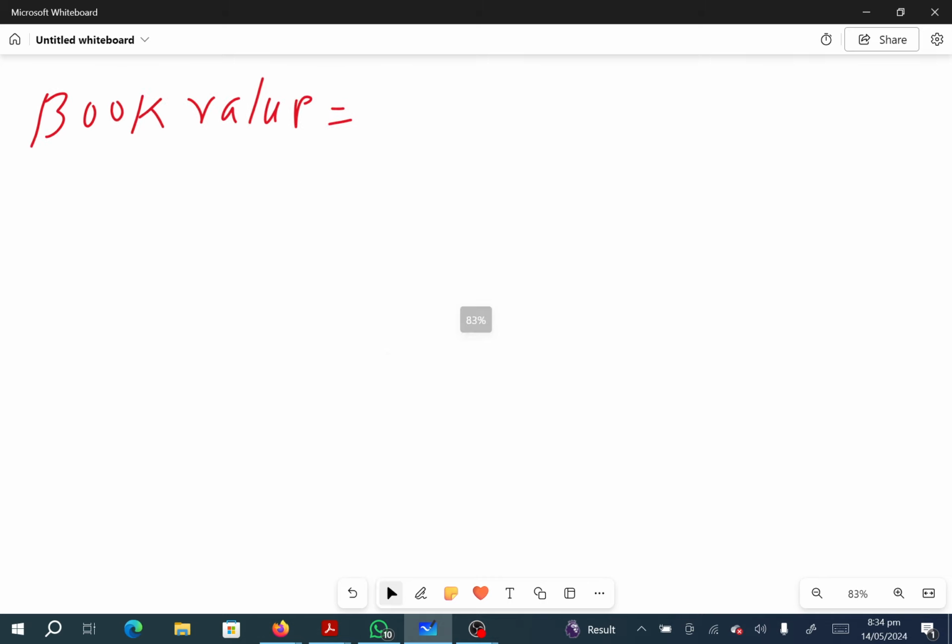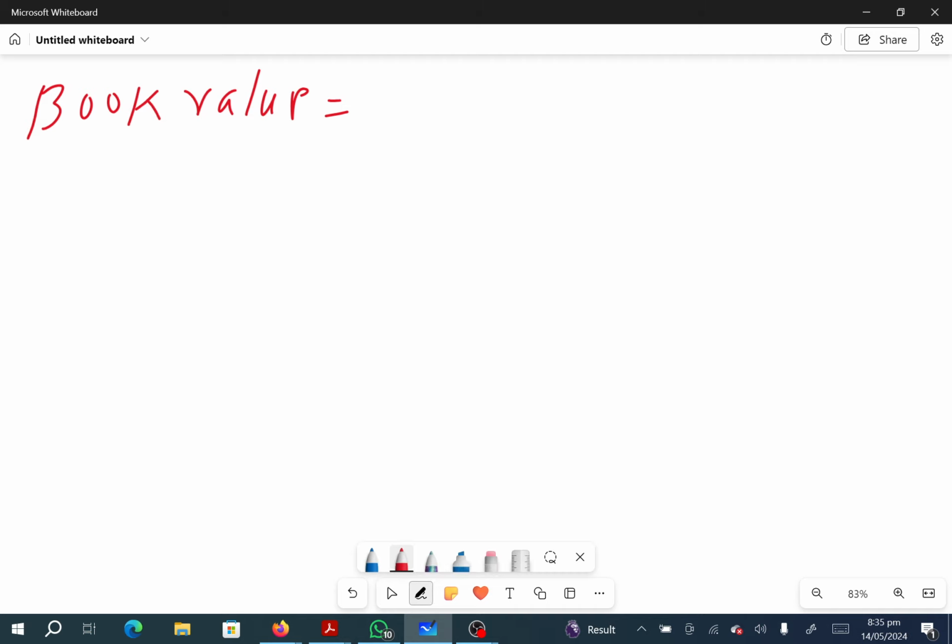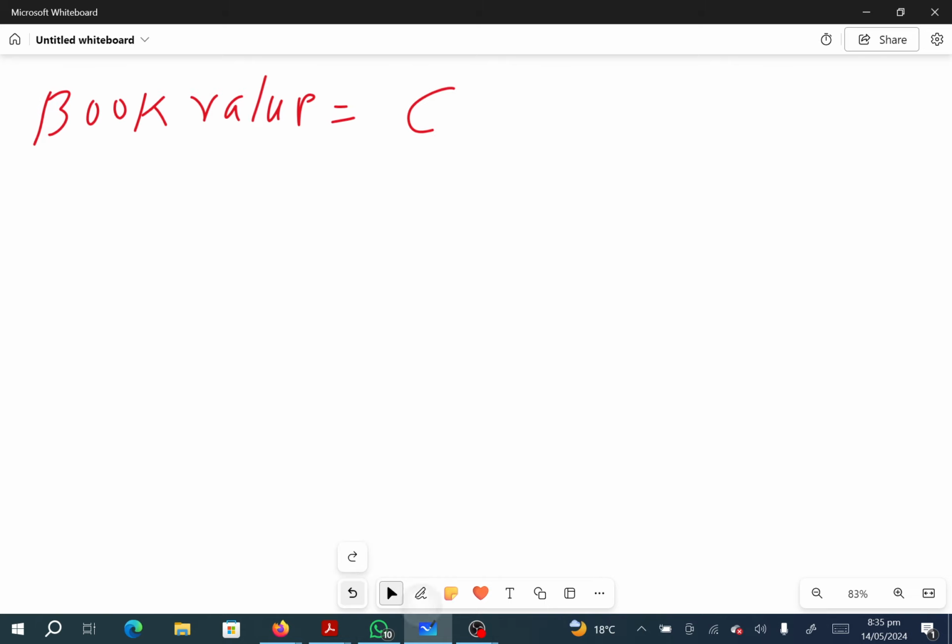Our formula is: book value is equal to C multiplied by open bracket 1 minus R, close bracket, to the power T. This is the formula we'll be using to calculate our book value.